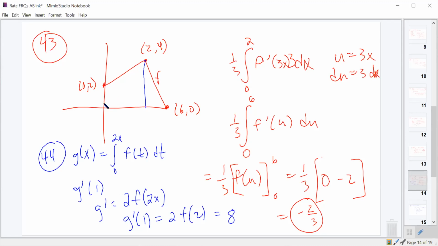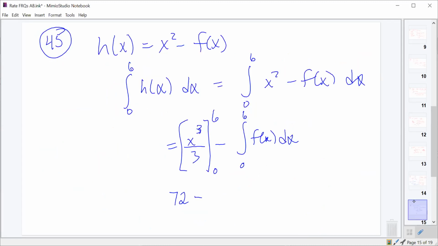So base 1 is 2, base 2 is 4, 2 plus 4 is 6, over 2 is 3, times the length there is 2, so that's an area of 6. And this is height times the base here, so this is 4 times 4 is 16, over 2, so that's 14, so 72 minus 14, and that should be 58.